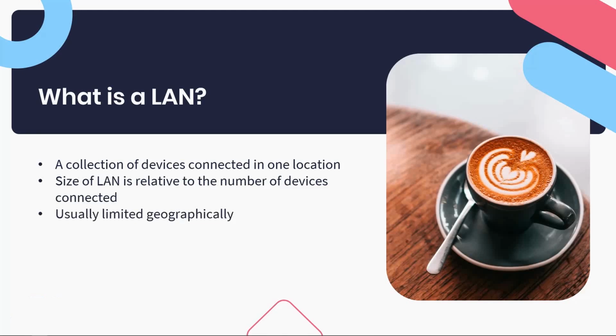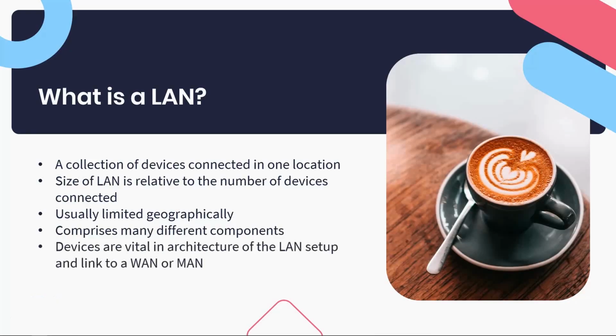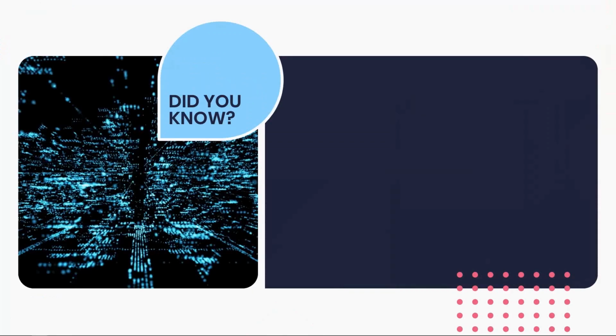We'll talk about WANs next in this lesson, and MAN is the abbreviation for metropolitan area network. LANs comprise many different components that aid the connection, such as cables, access points, switches, etc. These devices are vital in the architecture of the LAN setup and the link to a WAN or MAN. Did you know?